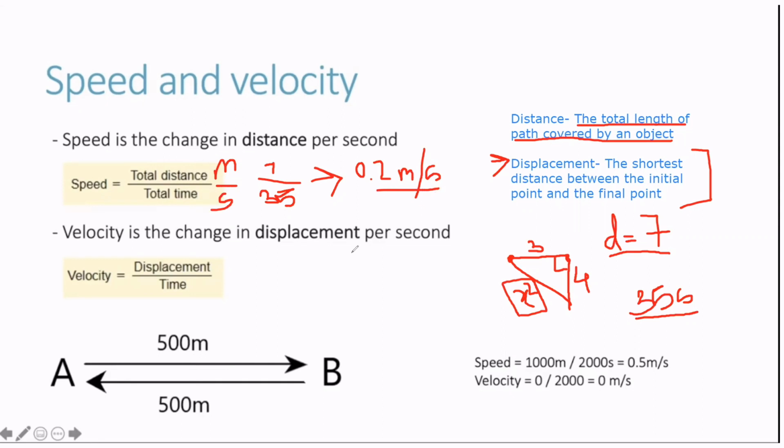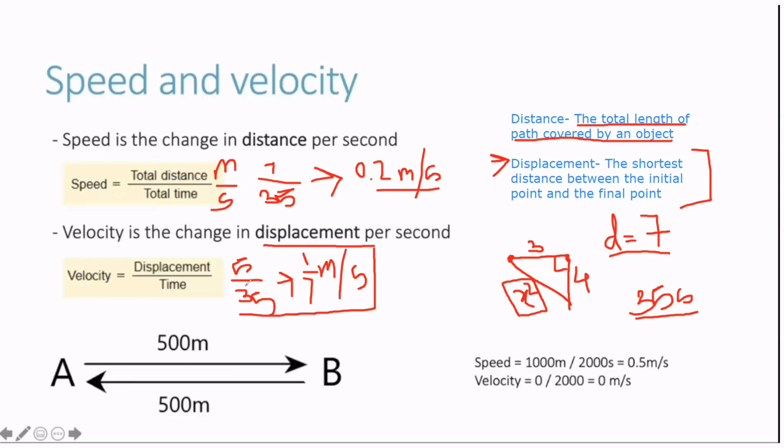And velocity, as we know, is the change in displacement per second. It would be 5 by 35, which would give us 1 by 7 meters per second. Now you can use a calculator to find out what this value is in decimal, as you'll be allowed to use calculators in your IGCSEs.